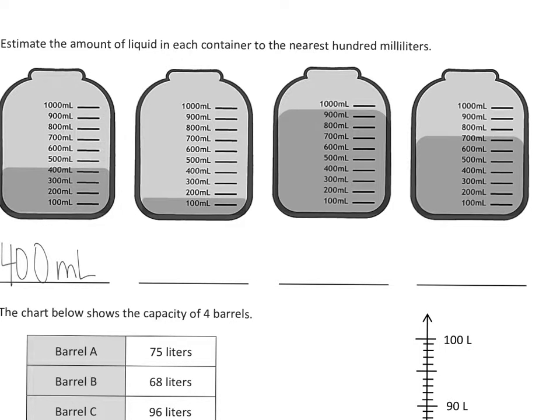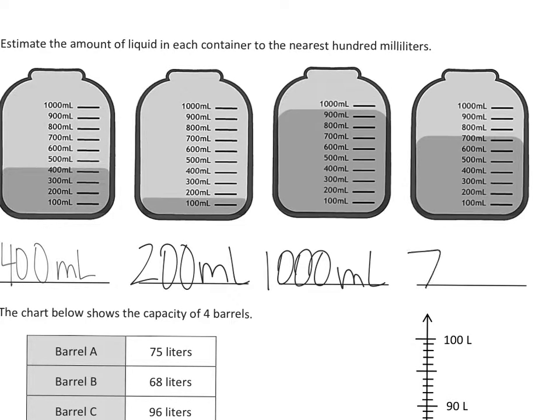Okay, checking back now, you can see that for our next one here, we're between 100 and 200, and we're closer to the 200. So 200 milliliters. The third one, we're in between 900 and 1,000. We're actually closer to 1,000. And then the last one, we're in between 700 and 800, closer to the 700.